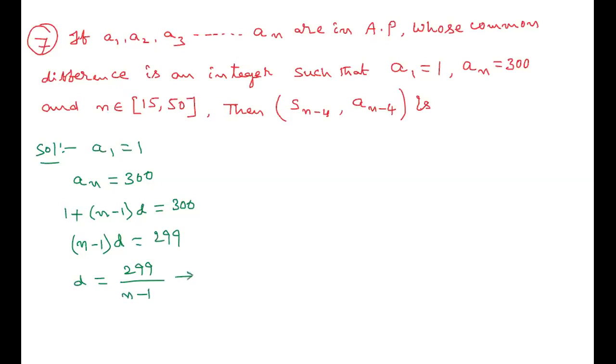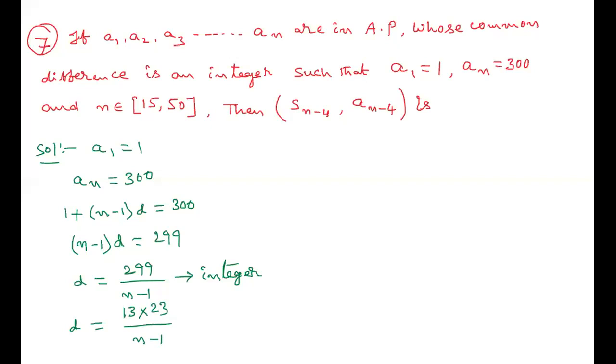This is already a given condition, integer. So D is equal to 299. We can write 13 into what? 13 into 23. 13 into 23 is 299, divided by n minus 1.